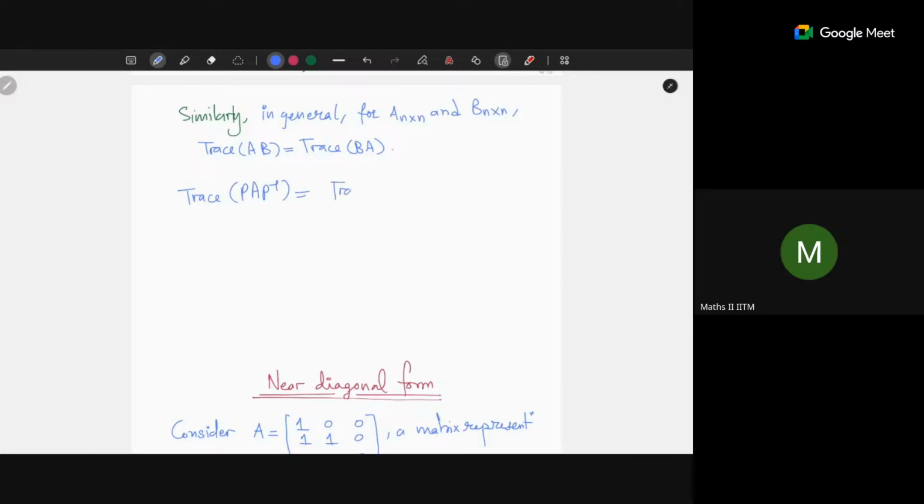This will be equal to trace of P inverse P A. What I've done is applied this property, trace of AB equals trace of BA. Now we know that P inverse P is the identity matrix, and identity times anything is the same matrix itself. So we get that the trace is equal to trace of A.